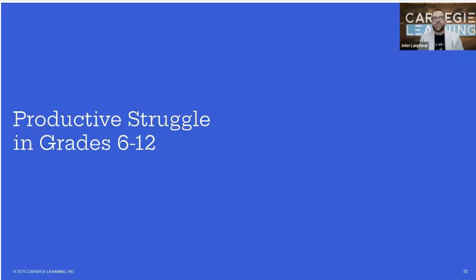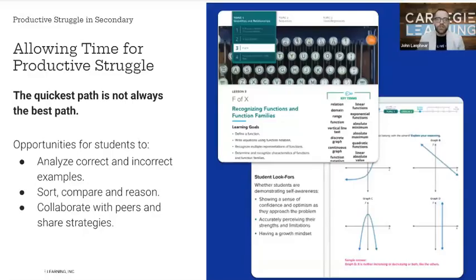This leads into as we look to 6 through 12. As students get to middle and high school, we want to look for identifying space for productive struggle and knowing that we may have students that have experienced this coming to us, or that this might be the first time they've had the opportunity to productively struggle.